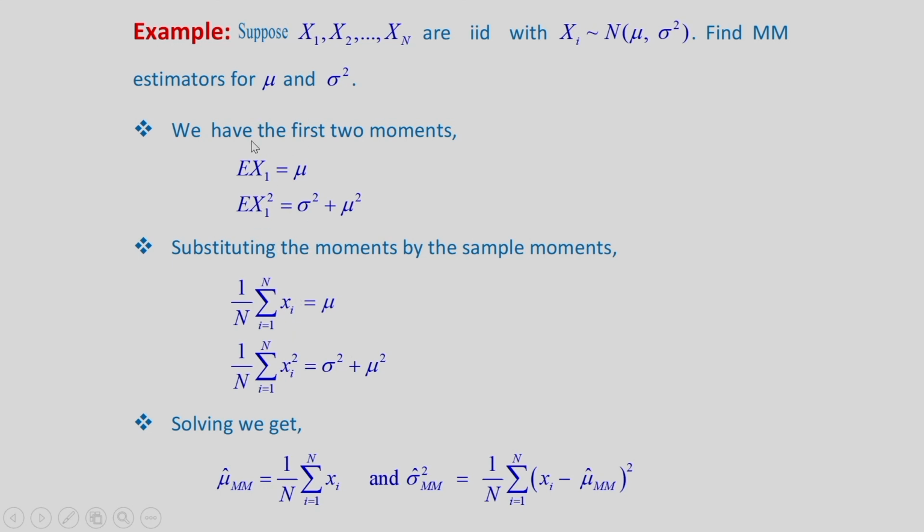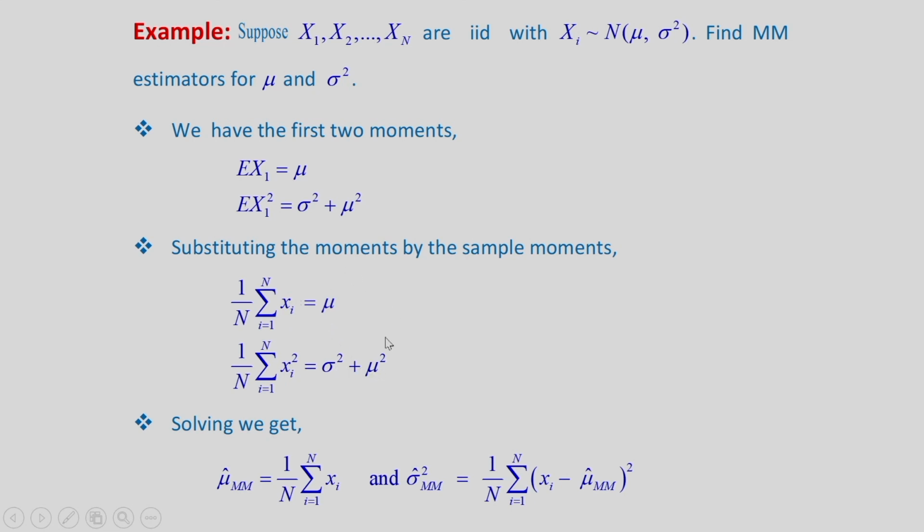Now, we substitute the moments E of x1 and E of x1 square by the corresponding sample moments. Therefore, we get 1 by n summation xi, i going from 1 to n, equal to mu, and 1 by n summation xi square, i going from 1 to n, equal to sigma square plus mu square.